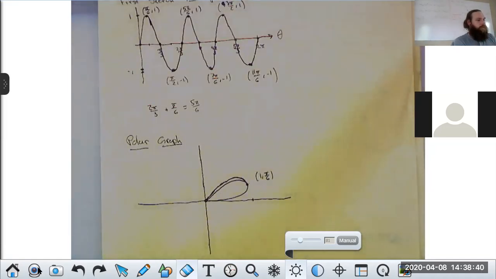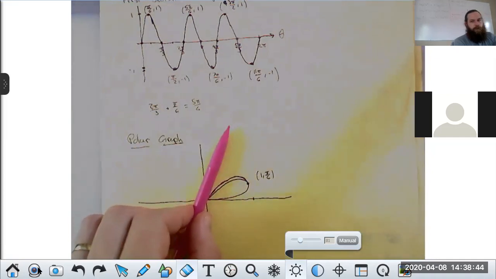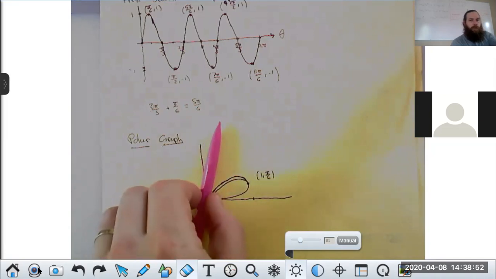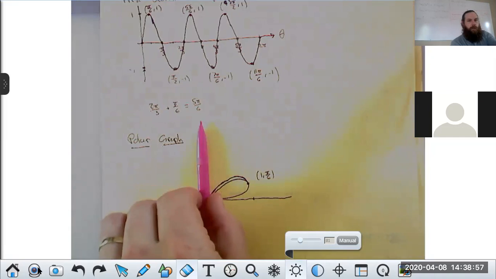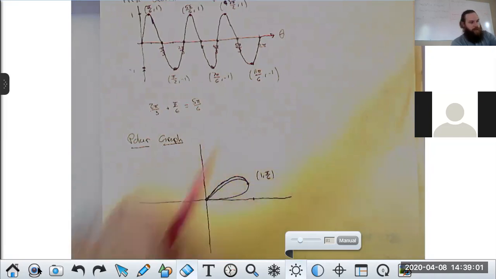Now things get tricky because as theta rotates past pi over 3, I'm no longer going to be drawing up here where you would think from pi over 3 to pi over 2. Normally that has me drawing stuff up here. But r is negative now. So instead I'll be drawing in the reflected area, which is down here.